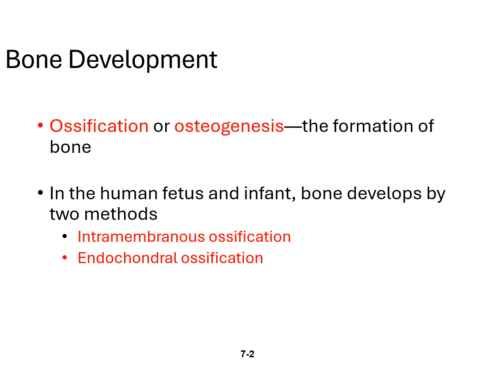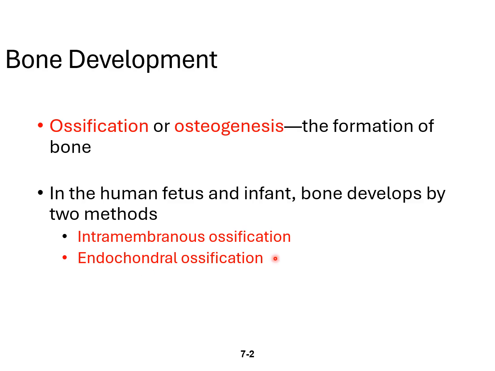So ossification or osteogenesis is the process of forming bone. In the human fetus and the infant, the bone's going to develop by two different ways: intramembranous ossification and intrachondrial ossification. Both of these are going to be either flat or long bones. Both of them are going to kind of begin the same way.